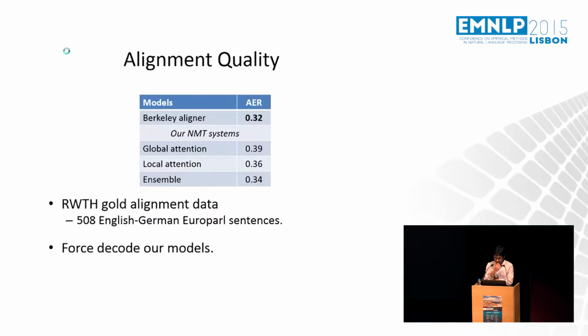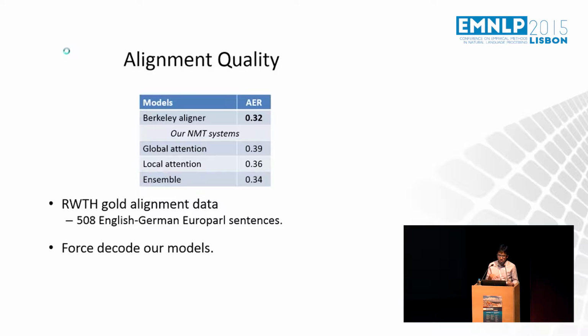Okay, so for the alignment quality, in the past, people evaluated these attention models only by looking at whether they perform well for unknown word replacement or whether you can visualize it nicely, but they haven't evaluated overall through the gold data set.